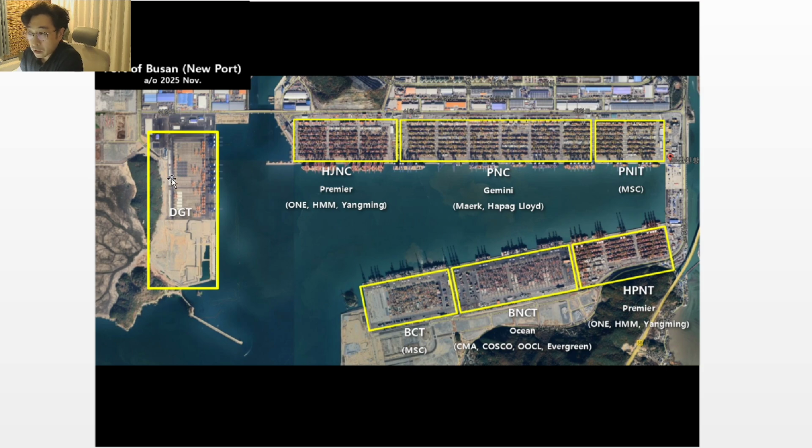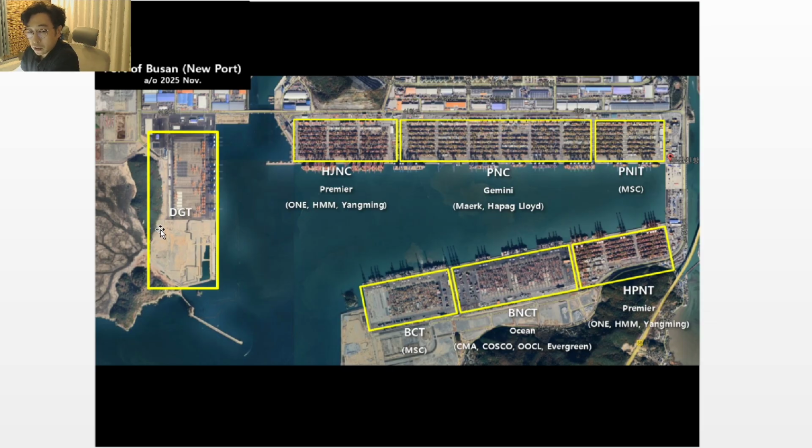And in the western area, we have one quite big terminal in comparison with other terminals in the northern and southern parts, named DGT, which stands for Dongwon Global Terminal. This is the most advanced terminal in Busan New Port up to now.